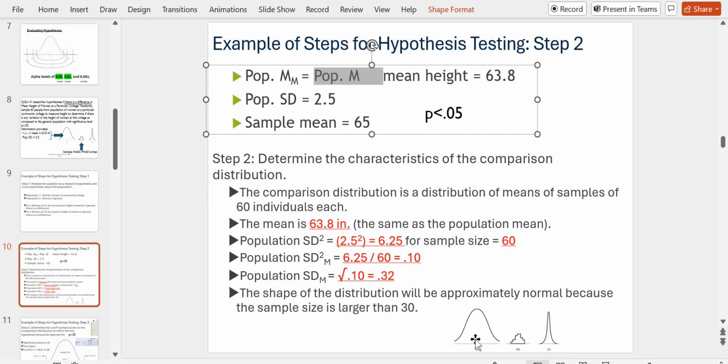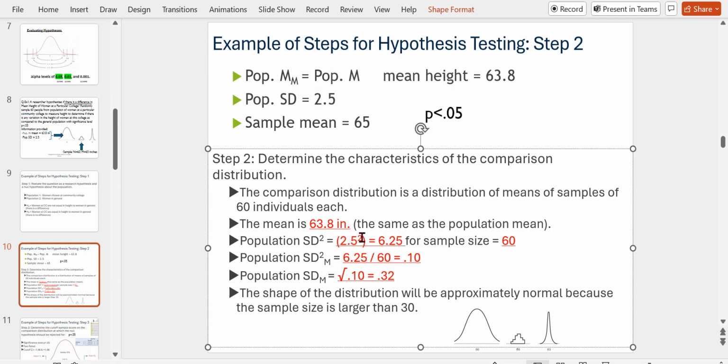Now, of course, this standard deviation will be much bigger than this one because look how tight this one is, right? So you take your standard deviation, you square it to get your variance, and then divide by your sample size, which is 60. You have a look here: the population standard deviation was given. You square it to get the population variance, which is 6.25.